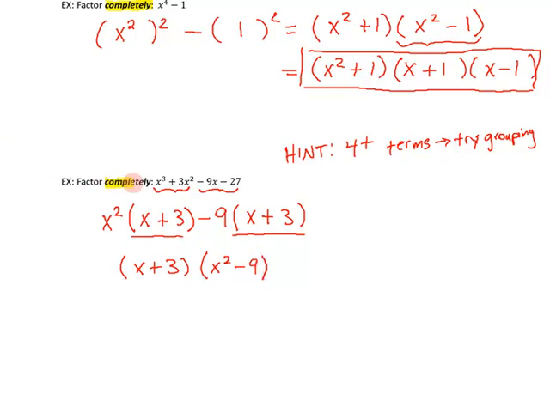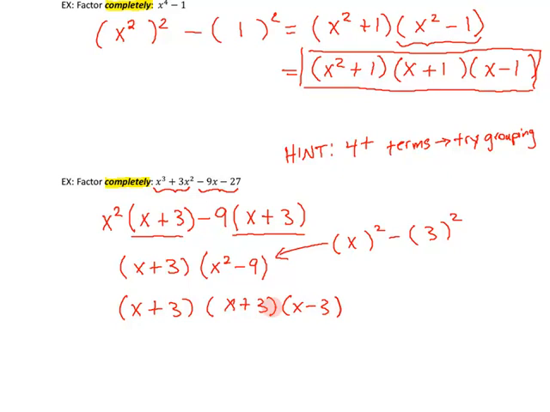Again, remember to always check and see if you're done. X plus 3 will not factor further, but what about x squared minus 9? Notice that it is something squared minus something squared. In fact, it's an x and a 3, so I can use my difference of squares to see that this is x plus 3 times, now the sum of those would be x plus 3, times x minus 3, which is an acceptable answer.